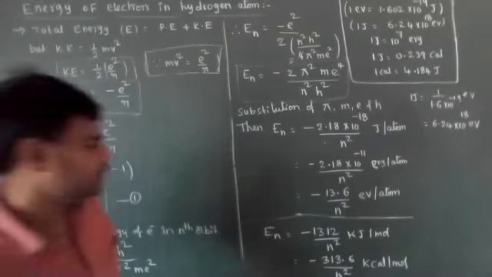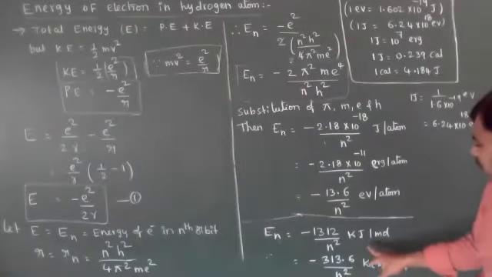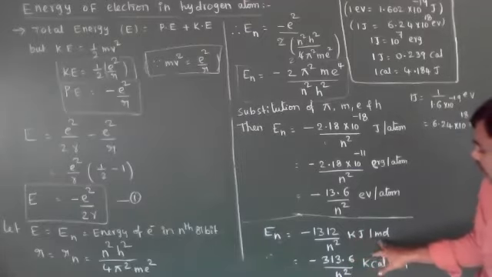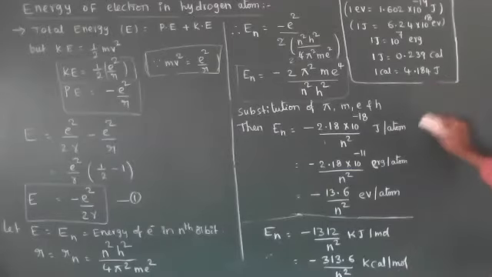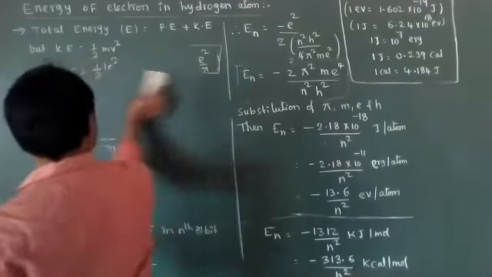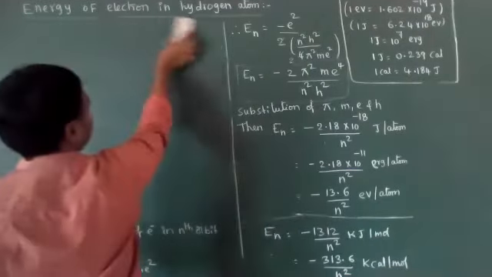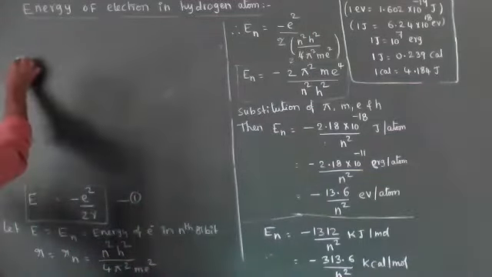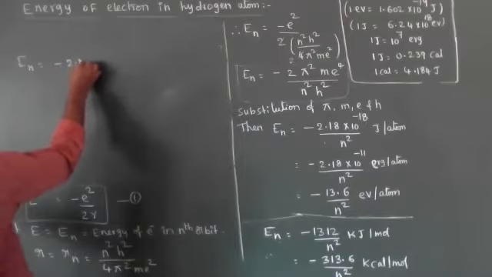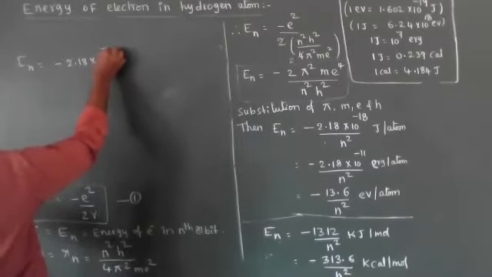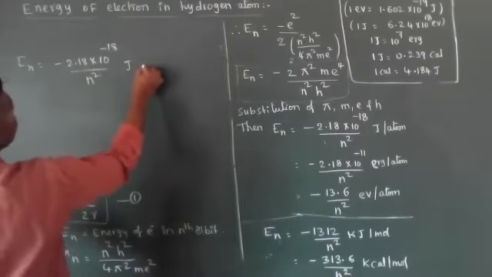See, in the last step, two formulas are written. What are those two formulas? Kilojoule per mole. Already we know the energy of electron is minus 2.18 into 10 to the power of minus 18 by n square joule per atom.